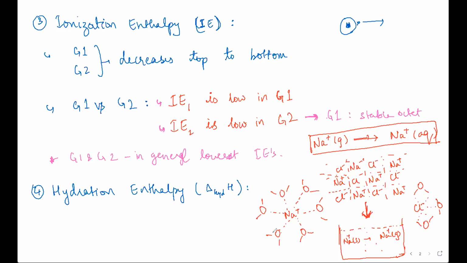So hydration enthalpy does play a factor in how easily they dissolve. All right. Now, based on this, what can you say about the trend of hydration enthalpy for group 1 and group 2?